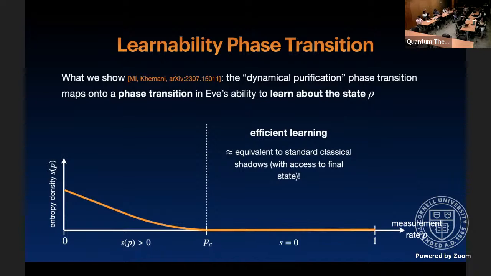I'm a little perplexed about two things. I'll just ask both questions. Number one, I'm not quite sure what's happening as the measurement rate increases and you've got this flat line. And related to that, two of the standard features of classical shadows are, number one, the number of shadows you need to use is independent of the size of the system, that is the number of qubits.